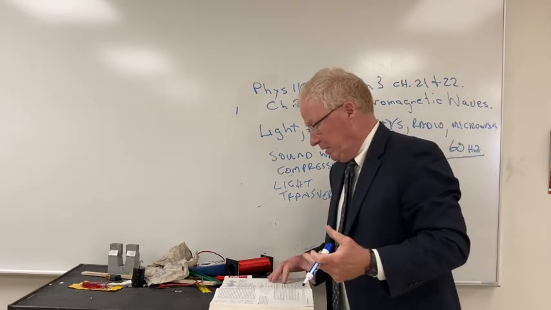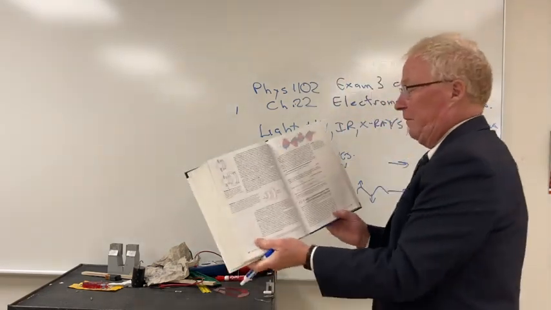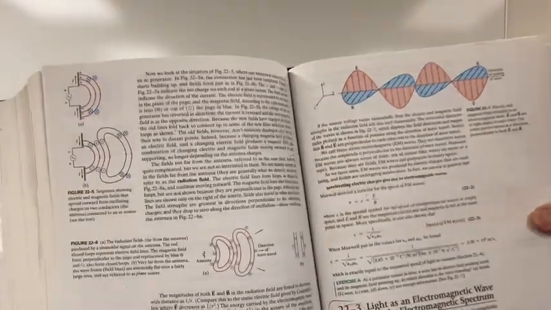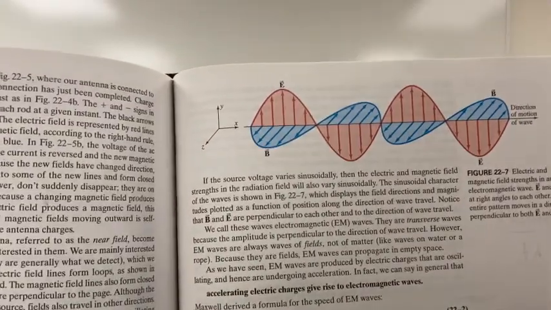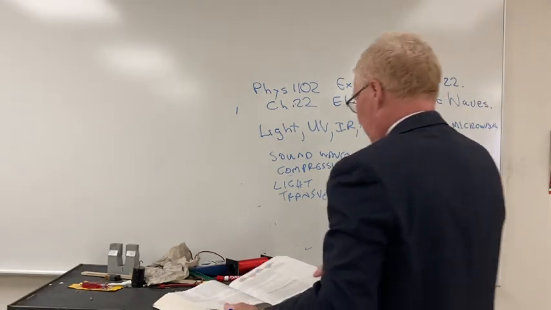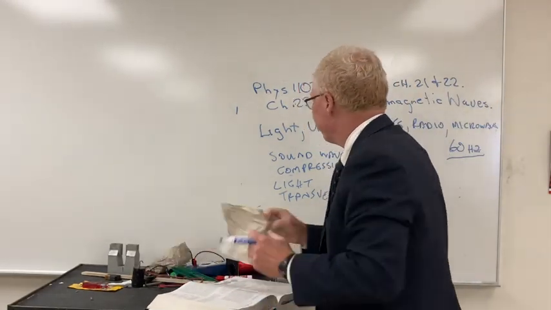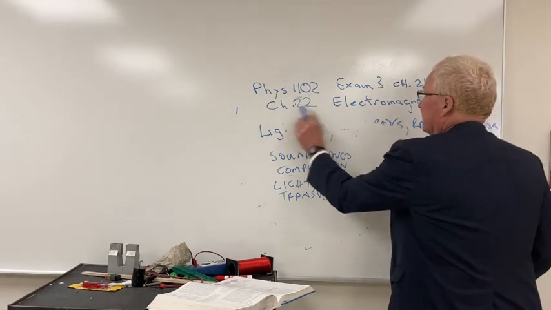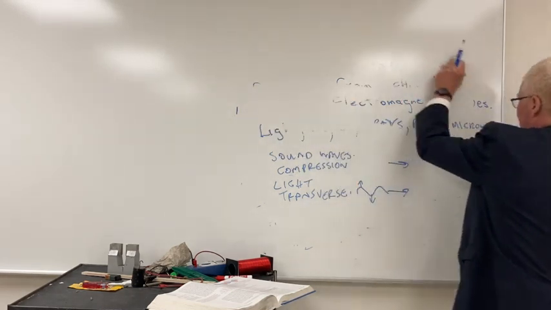There's a good picture in the text about that. An electromagnetic wave is actually composed of a perpendicular magnetic field and electric field.